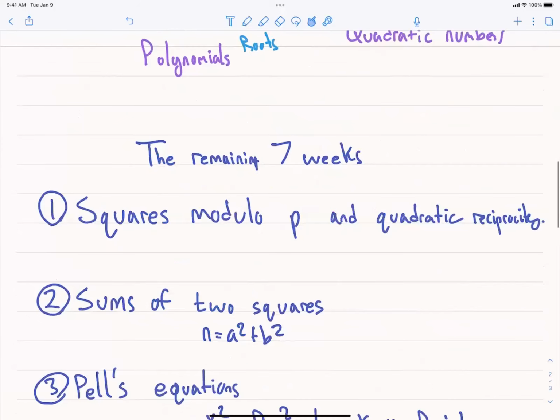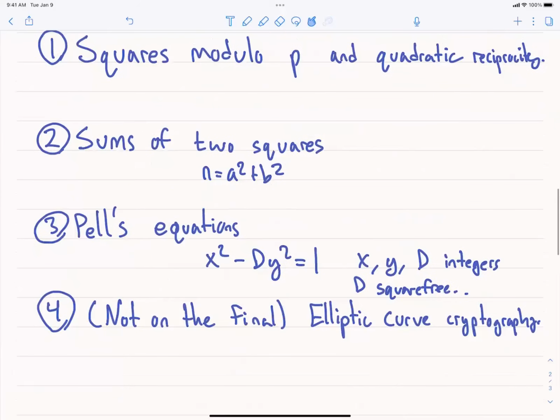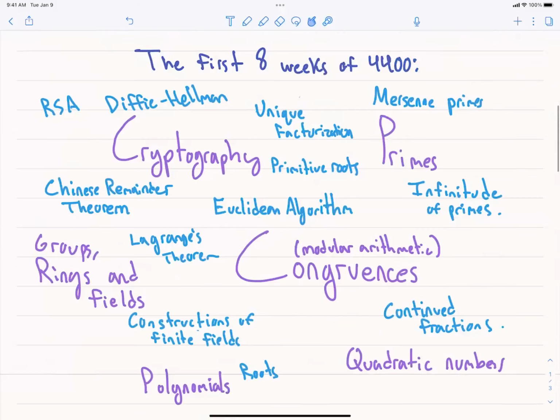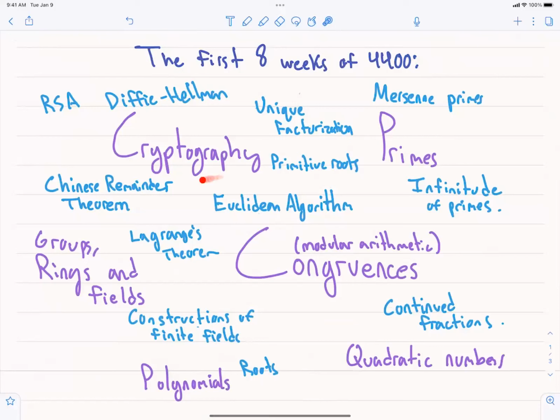And so the theory of elliptic curve cryptography will introduce a new setting, the theory of elliptic curves, which is based in geometry and arithmetic, and gives you another hard problem that you can use to do cryptography. So this is an important cryptography scheme. It connects the cryptography area all the way down to the quadratic numbers areas, but also relates cryptography to the theory of groups and Lagrange's theorem and all the stuff we were using in cryptography before, but in a more advanced way.